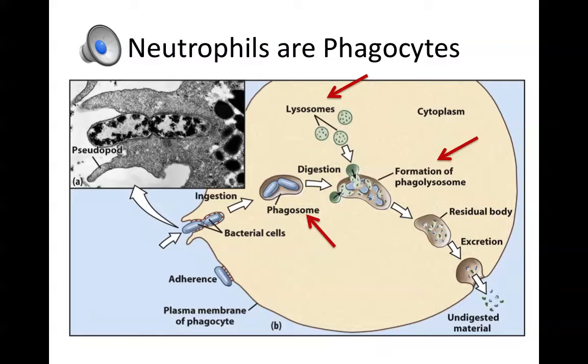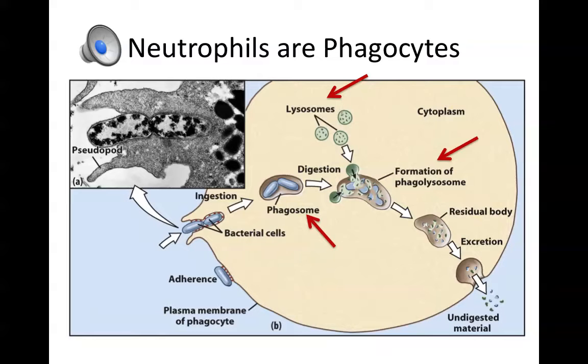As the lysosomes fuse with the phagosomes, we now have a newly formed structure called a phagolysosome. The digestive enzyme contents of the lysosome are dumped into the phagosome, and we see the breakdown or digestion of the bacterial cell. The residual, what I call dead body parts of bacteria post-digestion, are then exocytosed or evacuated from the neutrophil.